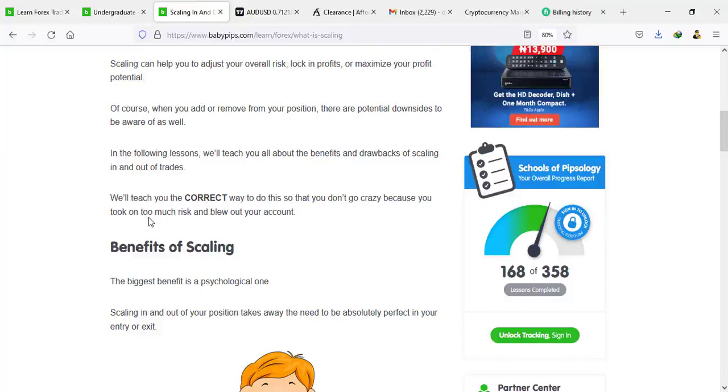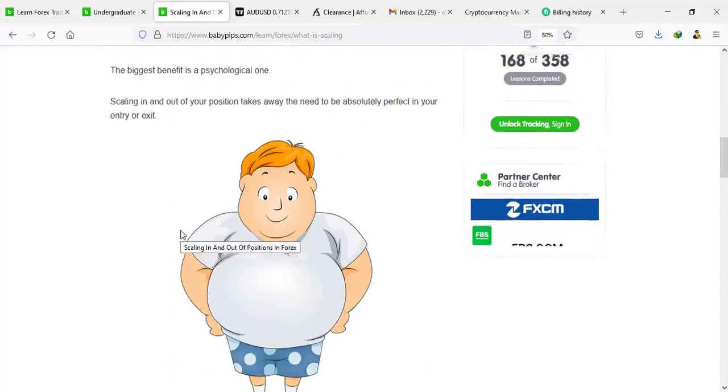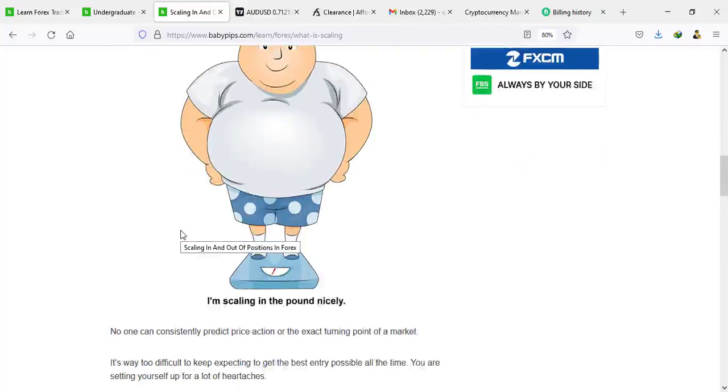But we are going to learn the correct way so that we'll be very good with our account and not risk too much or even blow out your account. So what are the benefits of scaling? The biggest benefit is a psychological one. Scaling in and out of your position takes away the need to be absolutely perfect in your entry or exit.